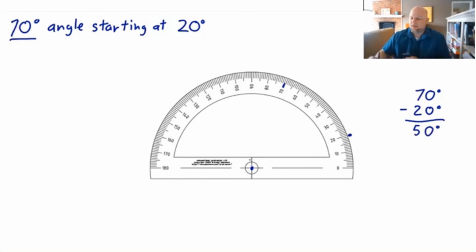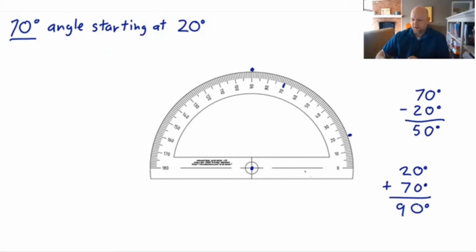So what we need to do is take 20 degrees and add 70 to it to find the angle that we need to go to. That equals 90 degrees. So from here, we're going to move up to our 90 degrees, and we're going to place a mark.